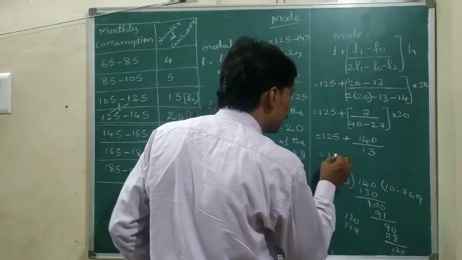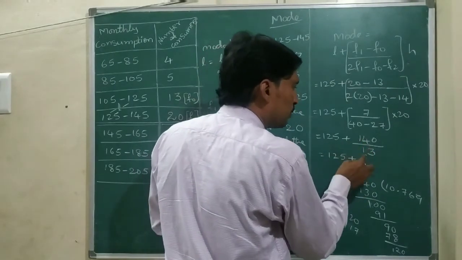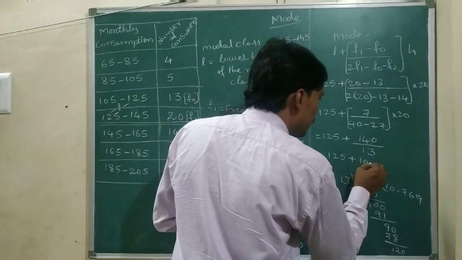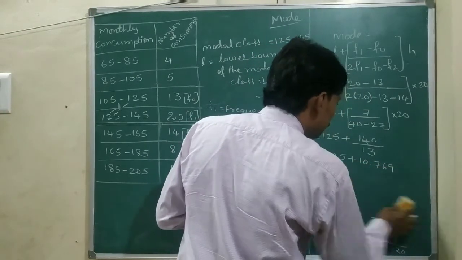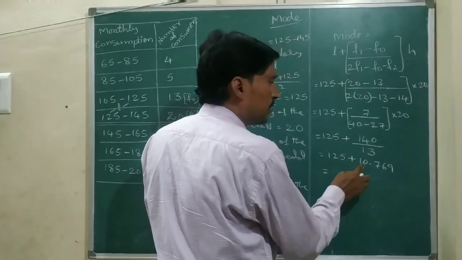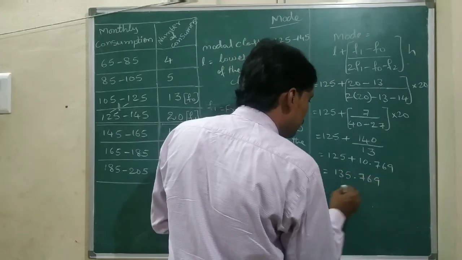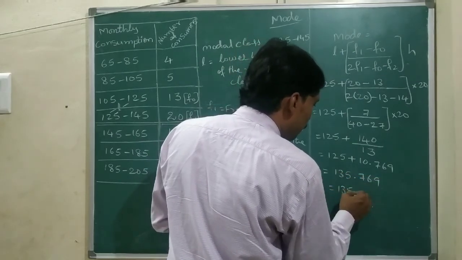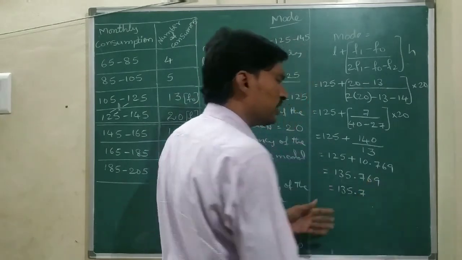So 140 by 13 we get 10.769. So 125 as it is plus 10.769, that equals 135.769, which is 135.7. I took up to 1 decimal point only.